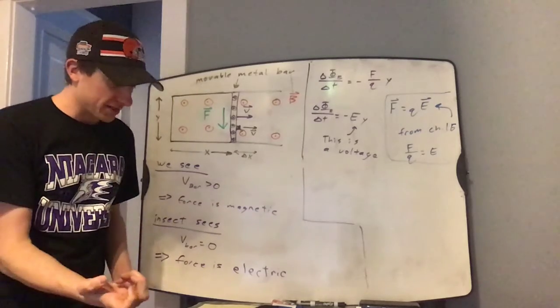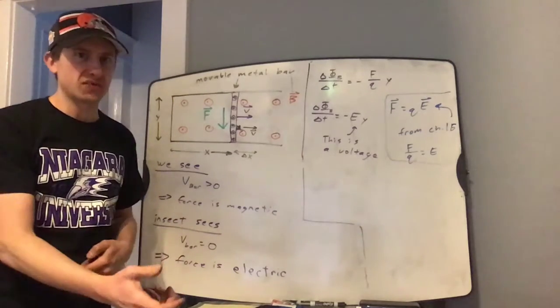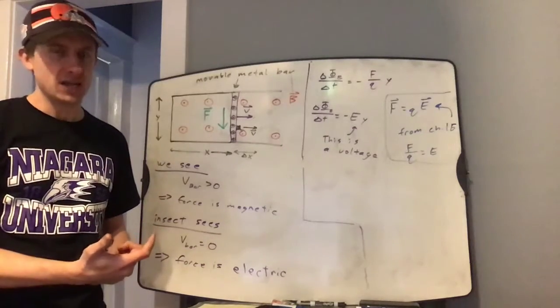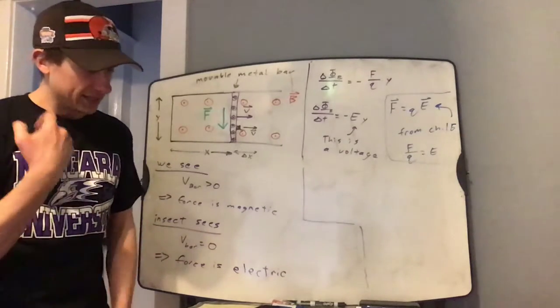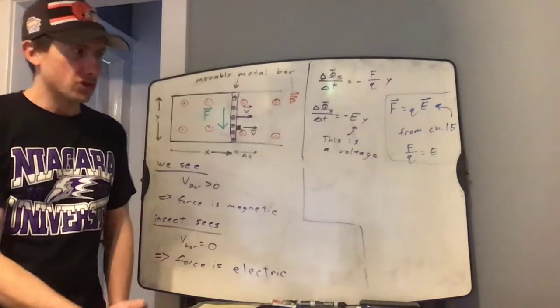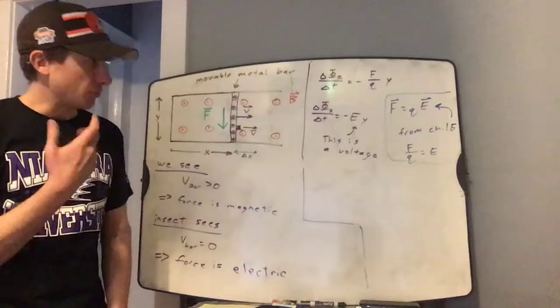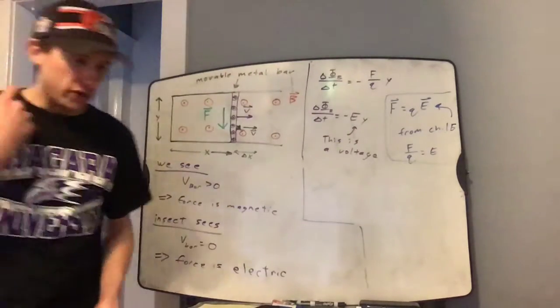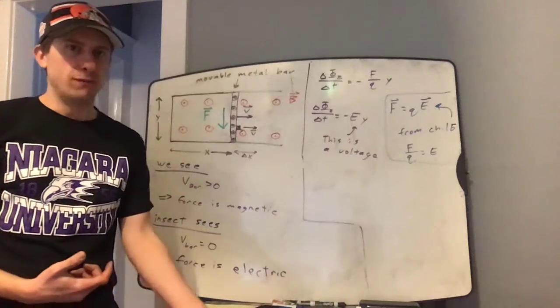Now, if we go back to think about why currents flow around wires, this was the beginning of chapter 18. The way you get charges to move in a wire is you have to push on them. In order to push on them, you have to set up an electric field to get the charges to move. A battery is a source of voltage.